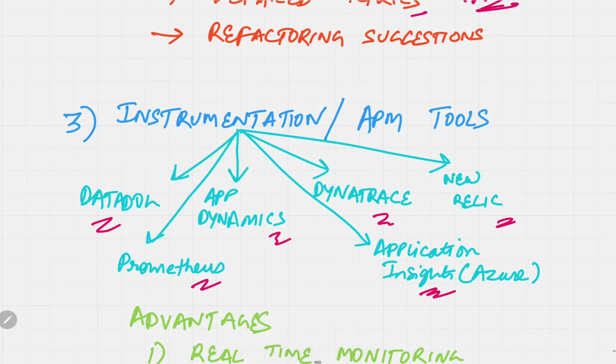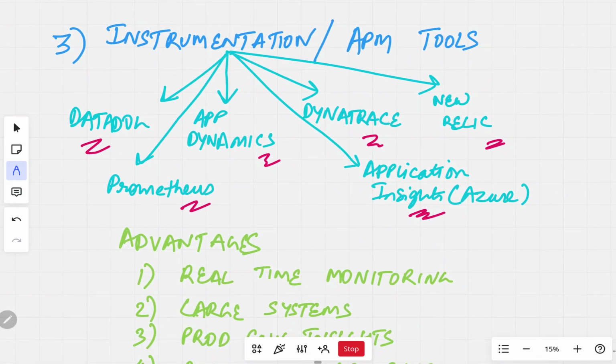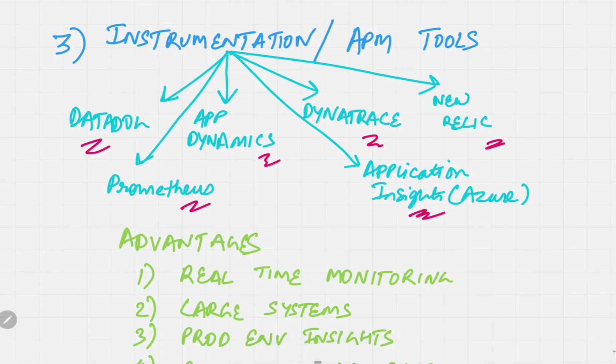What are the major advantages? First is real-time monitoring. You already have the data. It's not like you have a performance issue and now need to configure something and then check. It's already there.